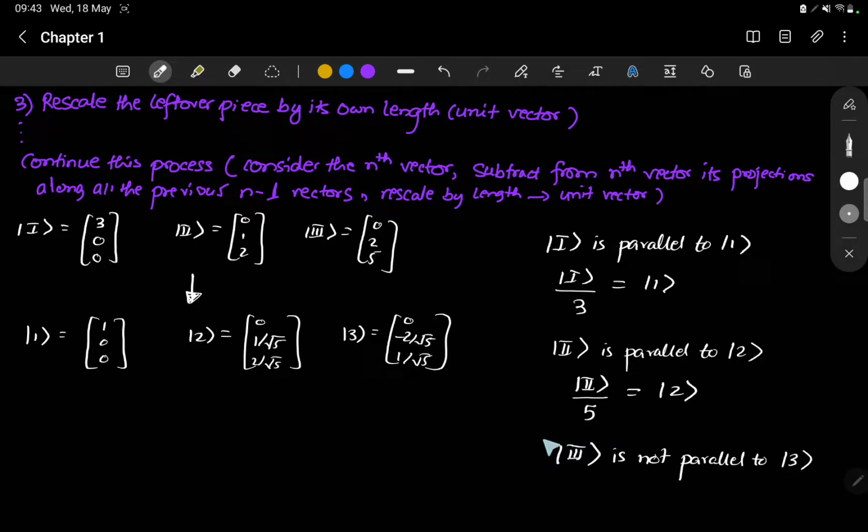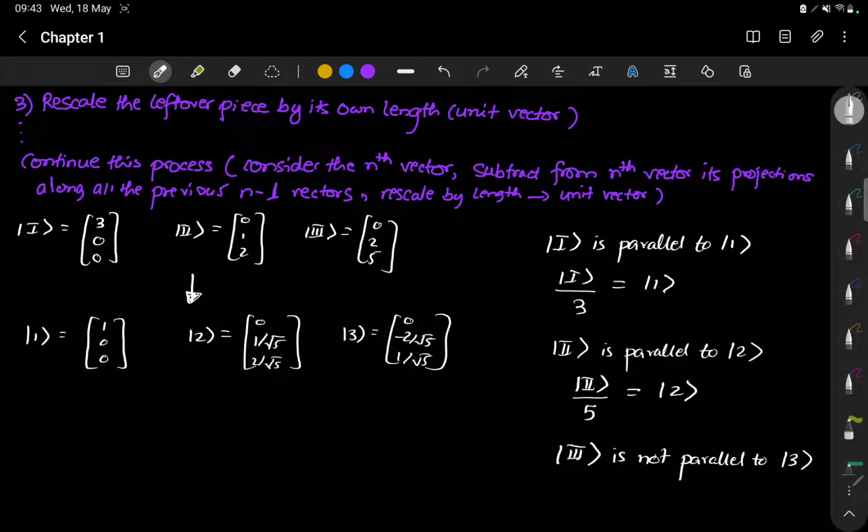So our Roman numeral 3 is not some scalar multiple of the numeric 3. That means this Roman numeral 3 vector is not parallel to this numeric 3 vector. So our choice for the first vector should be either Roman numeral 1 or Roman numeral 2.